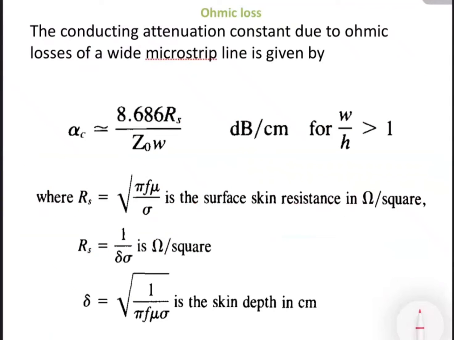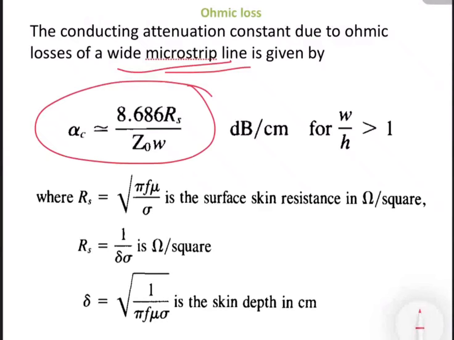So the equation for ohmic loss in terms of the attenuation constant, for a wide microstrip line, is given by alpha c equal to 8.686 Rs divided by Z0 into omega, in dB per centimeter, under the condition that W by H is much greater than 1.